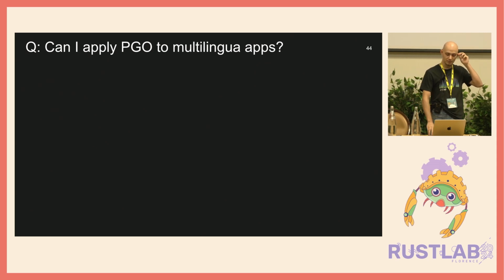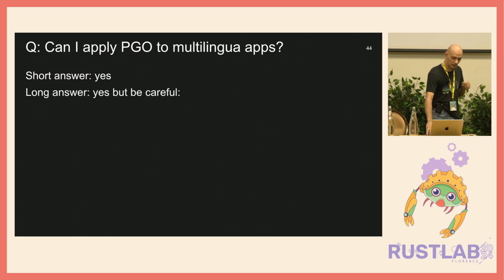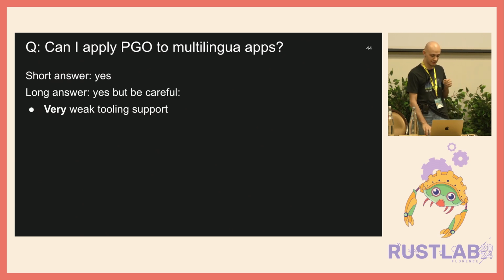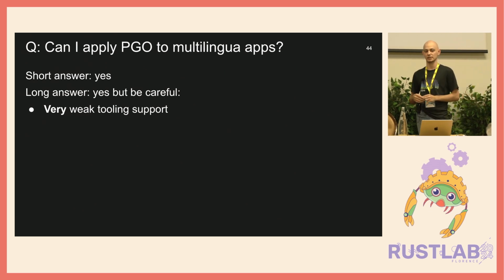Can you apply PGO profiles to multilingual apps? Short answer, yes, but be careful. Very weak tooling support. Imagine the case that you have a Rust application and it has a C++ dependency.